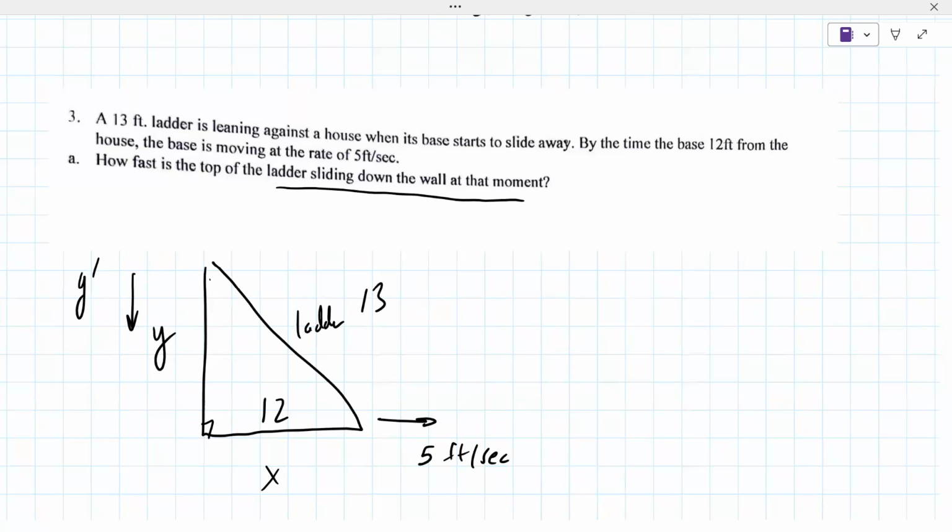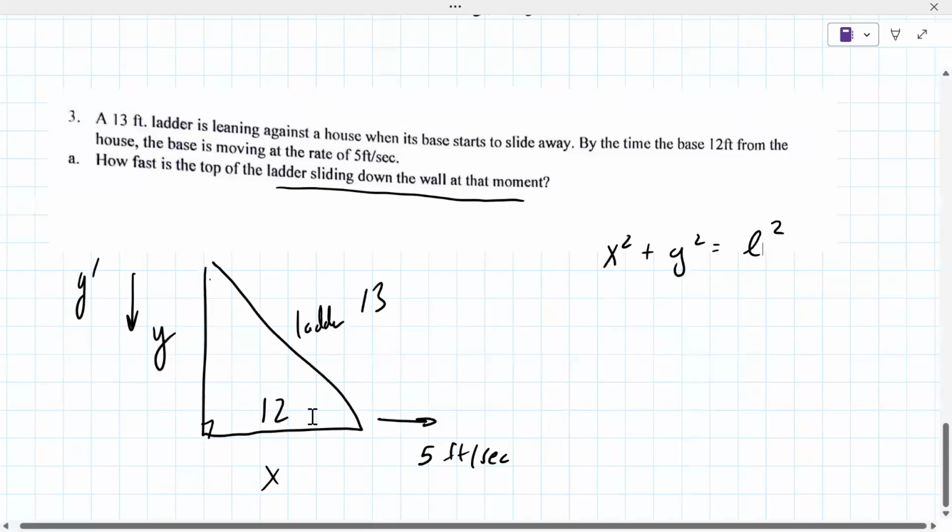Picture really helps here. So the overarching equation here is that we have x squared plus y squared equals L squared for the ladder if you want. But we know some of these values, right? We know that the base is 12, the ladder is 13.